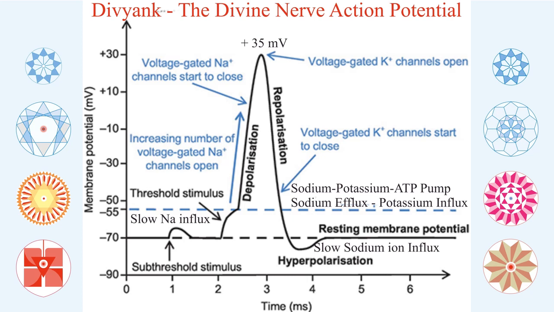As a result, more sodium goes out and less potassium comes in. It goes to the stage of hyperpolarization. The value becomes lower than minus 70, or you can say minus 75 to minus 80. Then it is brought back to the resting membrane potential through influx of sodium ions by and large.